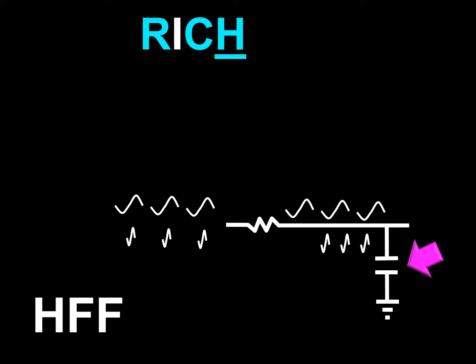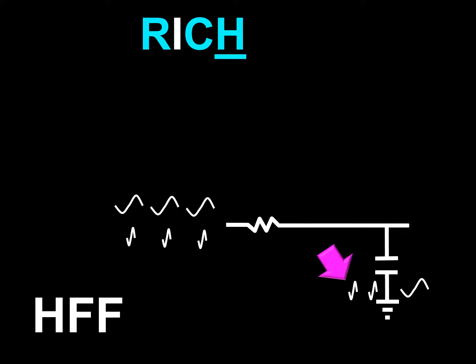The capacitor will dictate the behavior of the waves, because by allowing more thin waves than fat waves to go towards the ground, it will allow more fat waves than thin waves to continue in the active arm.